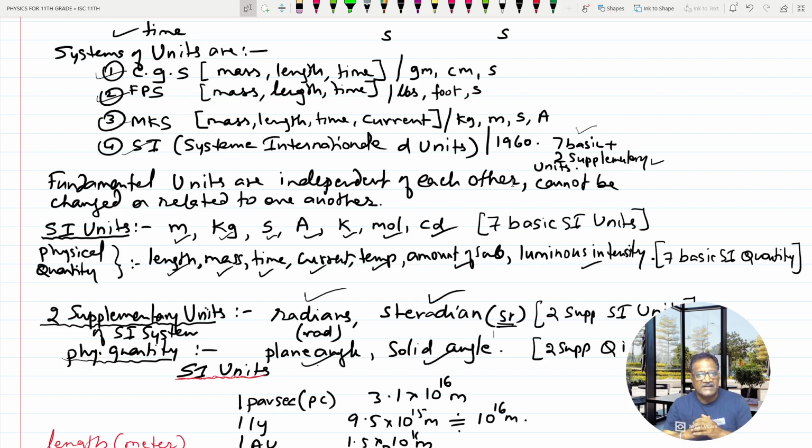There are many other physical quantities, but those will be derived physical quantities, a combination of the basic physical quantities. Similarly, there will be other units, but those will be derived units. Derived physical quantities will have units which are a combination of the basic units, or you can say the fundamental units.